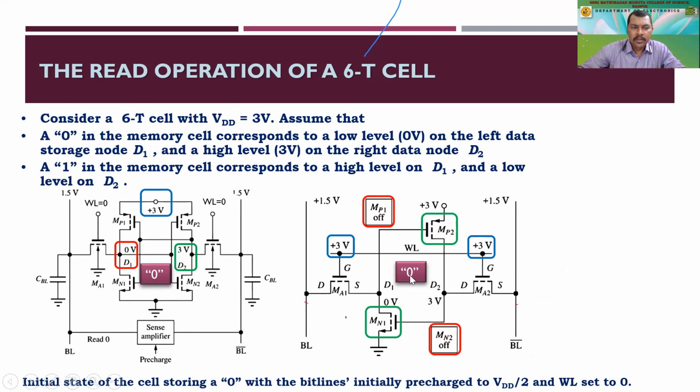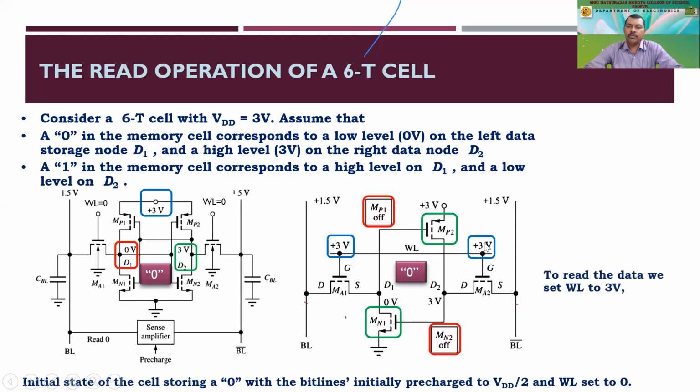Now, as soon as the word line becomes high, these two transistors will be on, and automatically a zero will be put on the bit line and one will be put on the bit line bar, right? So this is how we can read from this bit line and bit line bar, just by putting the word line equal to 3 volts.